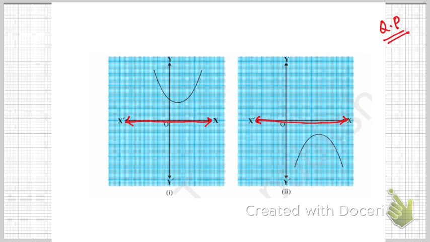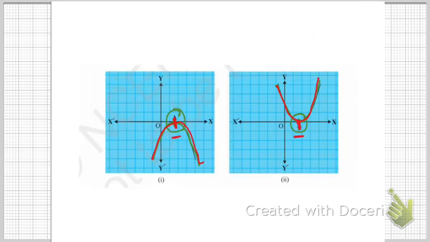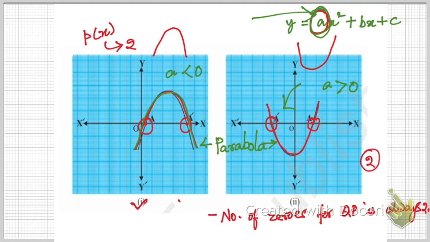So these two polynomials have no zeros. The previous one had only 1 zero because it was cutting the x-axis at one point. And the other one had 2 zeros because it was cutting the x-axis at two different points.